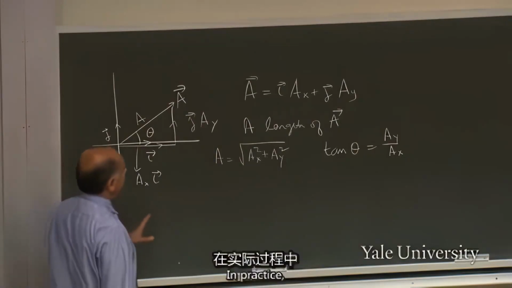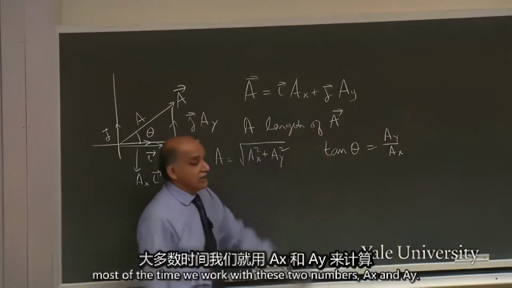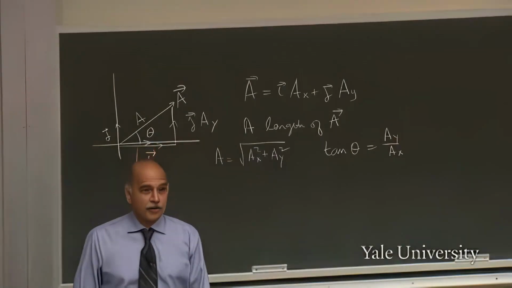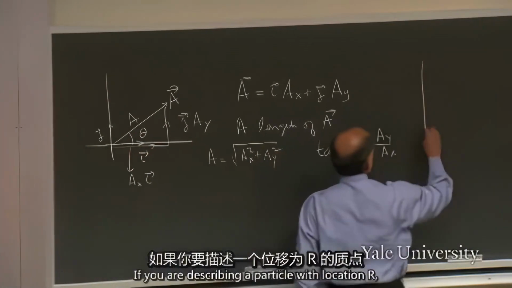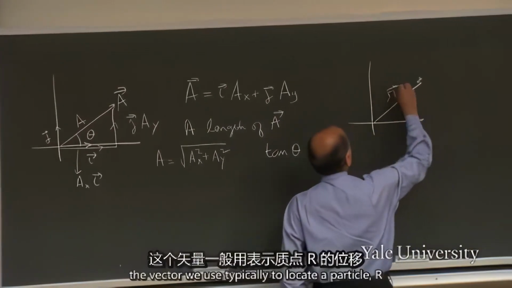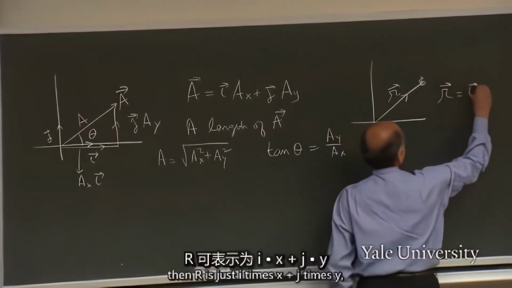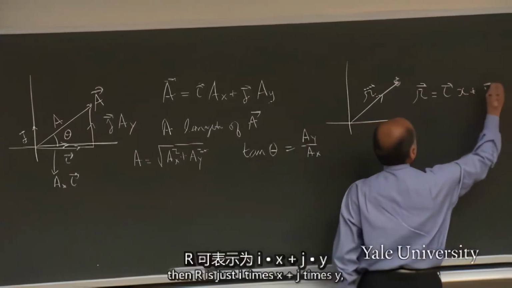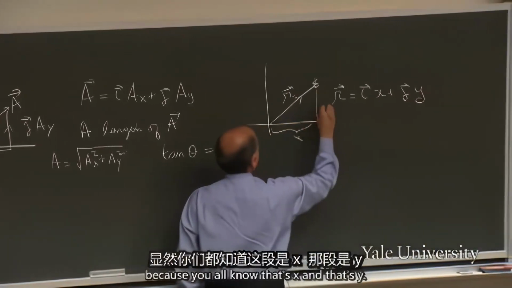Now, in practice, most of the time we work with these two numbers, AX and AY. If you're describing a particle with location R, the vector we use typically to locate a particle, then R is just i times X plus j times Y, because you all know that's X and that's Y.